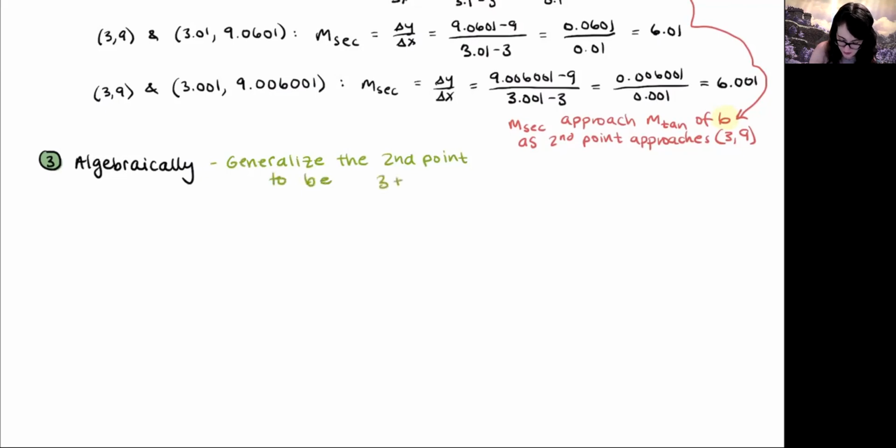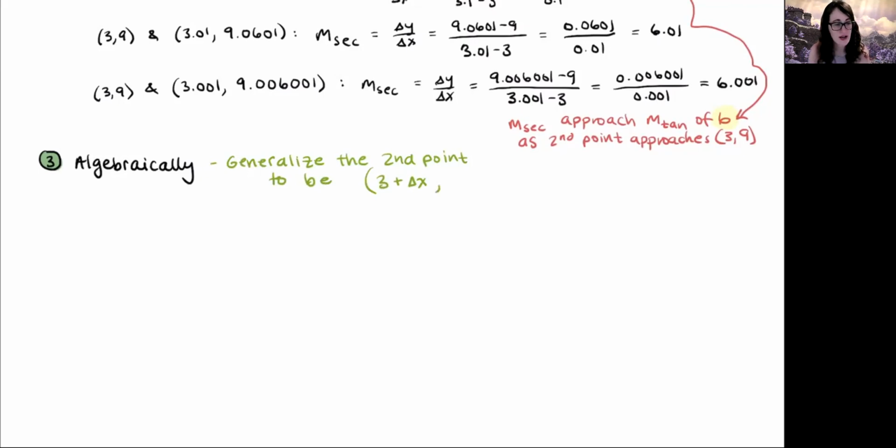So 3 plus 0.5, 3 plus 0.1, 3 plus 0.01, 3 plus 0.001. That little difference we're going to call delta x. That's going to be the x coordinate of the point that we're going to bring closer to the point 3,9.